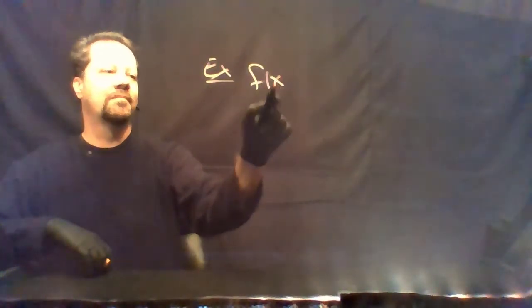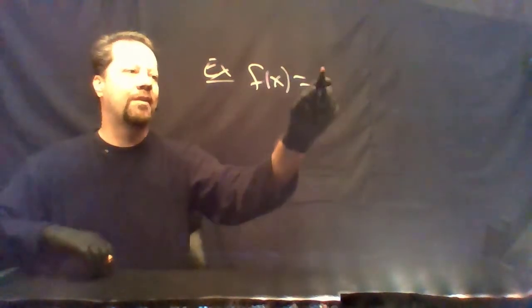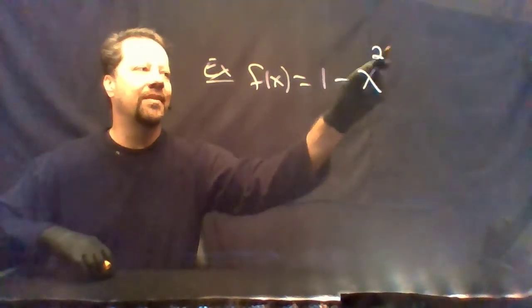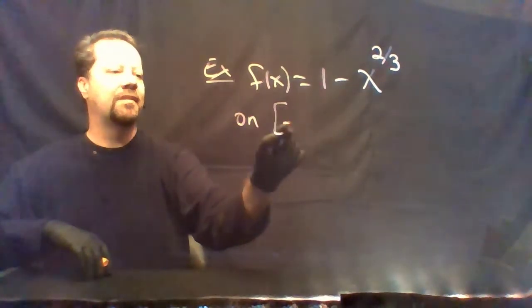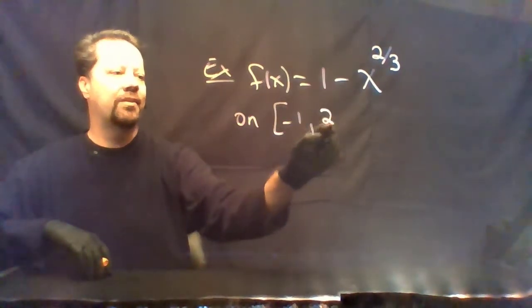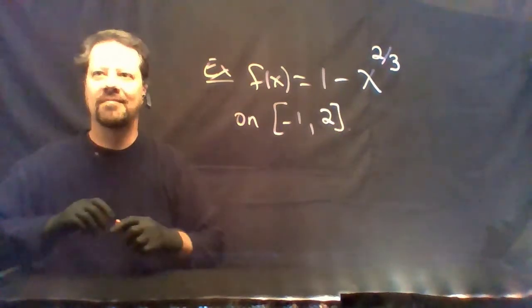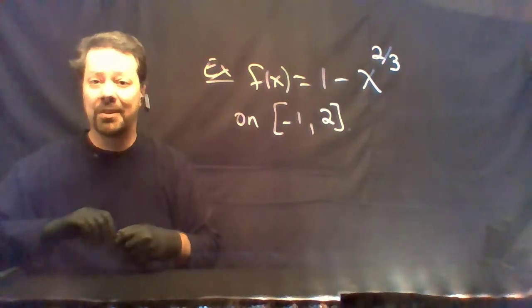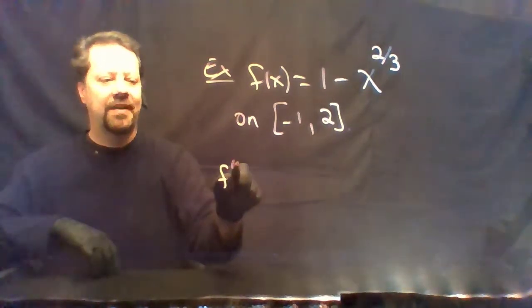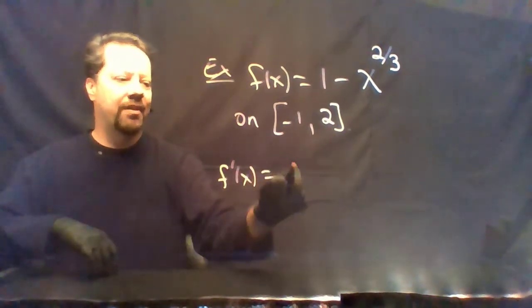Let's look at another example. How about 1 minus x to the 2/3 on the interval -1, 2. Step 1. Find the critical points. To find the critical points, we calculate the derivative.